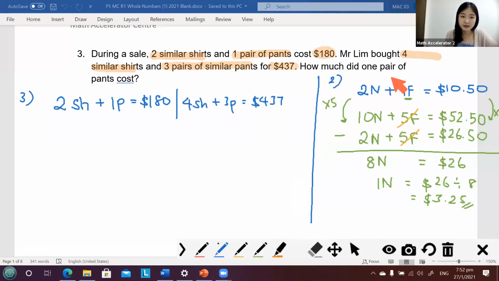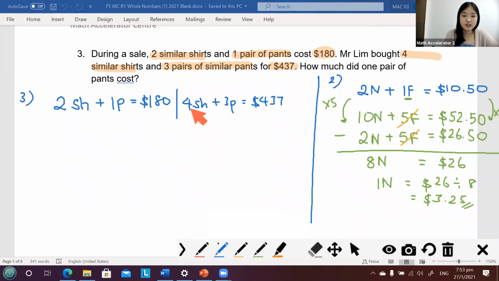If you want the pants, we would want to cancel away which item? The shirts, yes. We don't want the shirts, we only want the pants. Let's figure out how we're going to cancel away the shirts.